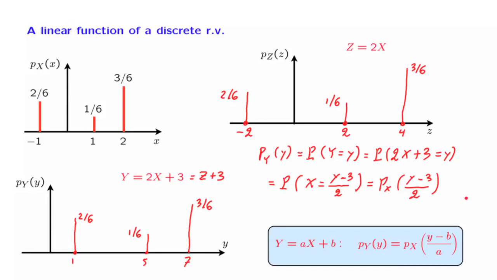And this formula describes exactly what we did graphically in our previous example. This factor of a here serves to stretch the PMF by a factor of a, and this term b here serves to shift the PMF by b.